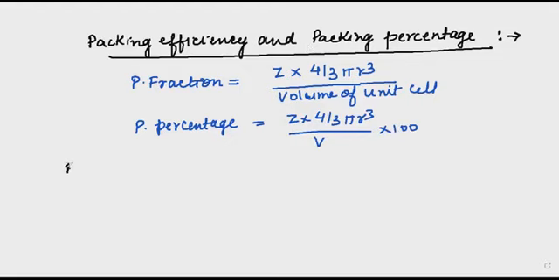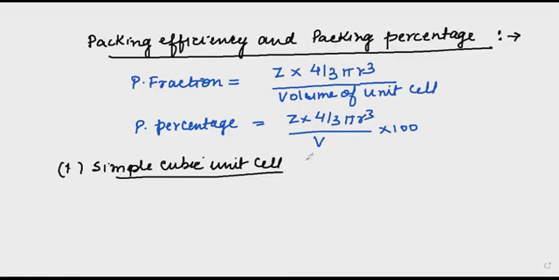This is the first type of unit cell. This is a simple cubic unit cell. It is called SCC in short, and this is also called a PC, meaning primitive unit cell. So how do we find out packing efficiency and packing percentage? We know that rank is always 1, and R is equal to a by 2.